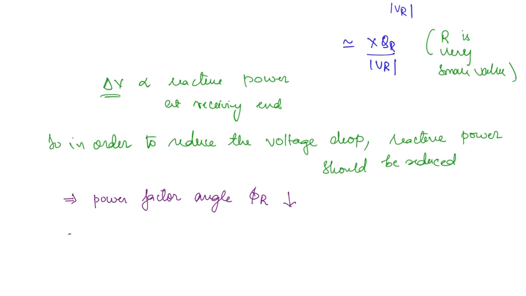This means that the power factor, which is cos phi r, will be improved. So the power factor can be improved to reduce the voltage drop. This is how you can see it in terms of reactive power or in terms of the power factor. Either is the same thing.